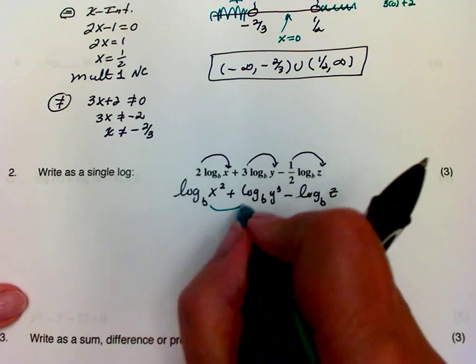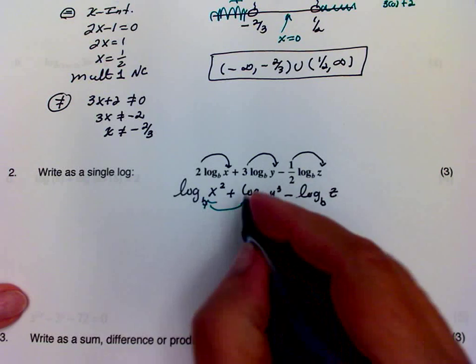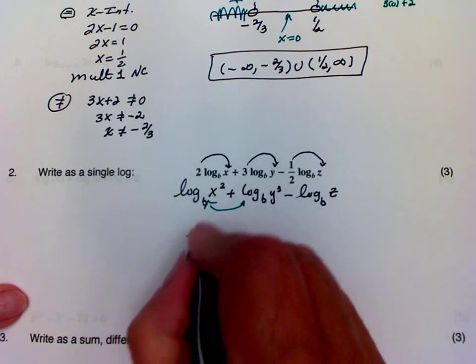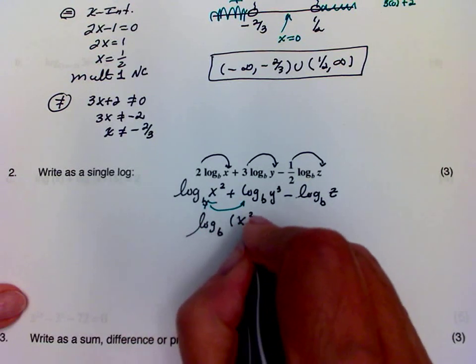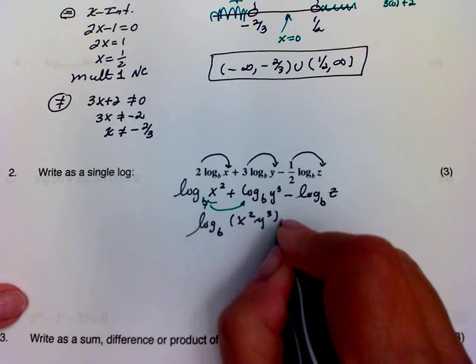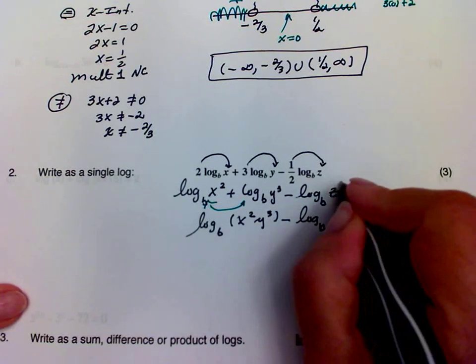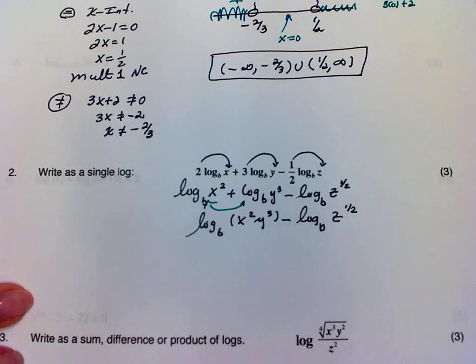First thing I want to do is bring these two together under the property of logarithms, which says if I have a sum, it turns into a product. So this is log base b of x squared y cubed, subtract log base b of, this should be 1/2, z to the 1/2.